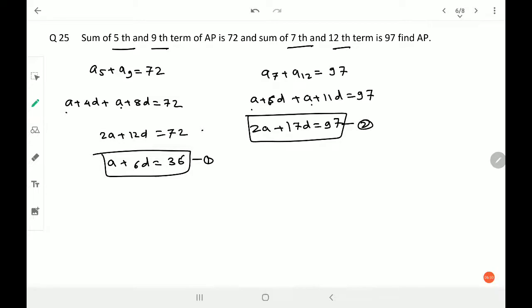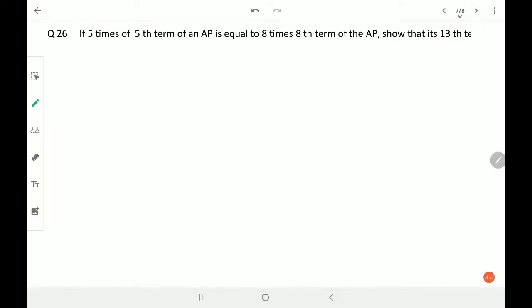I am not interested in solving this. You can multiply equation number 1 by 2, or you can directly take this equation and this equation instead, since it is already in that form, in multiples of 2. So subtract, you get A eliminated and you get the D value, then you can use that for the A value and find the AP. You know now, I don't have to tell you that.